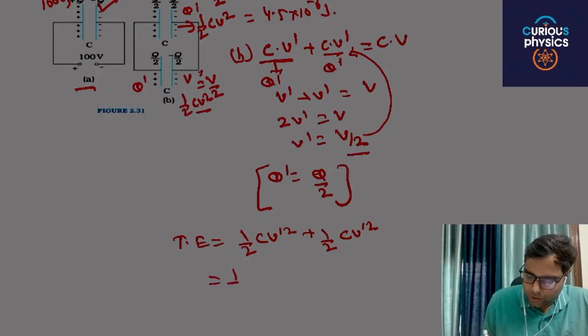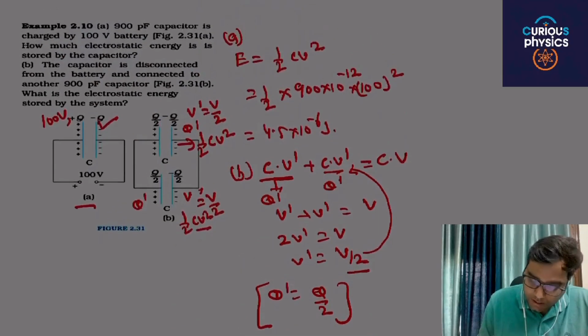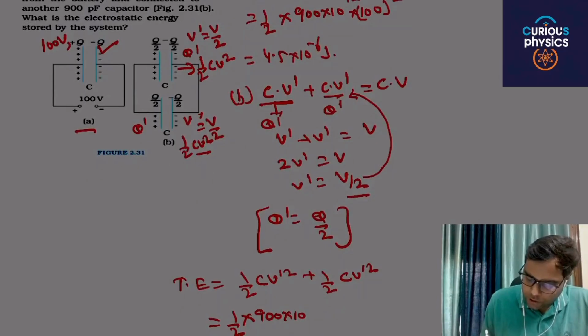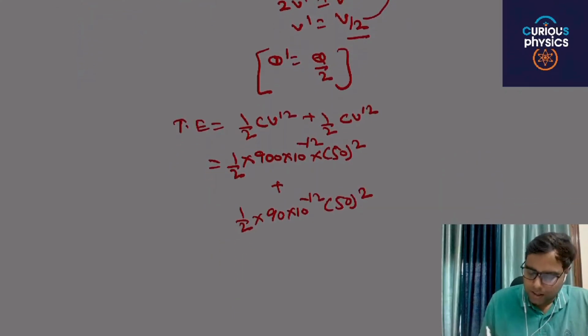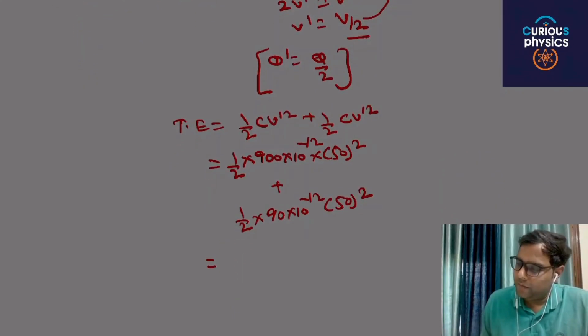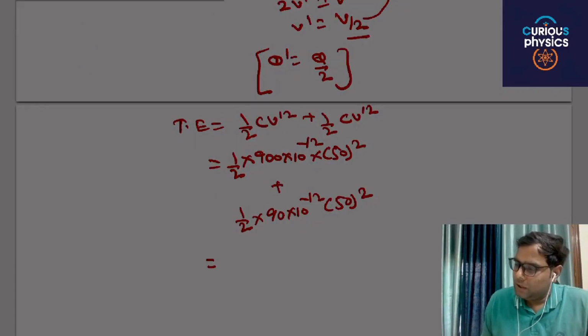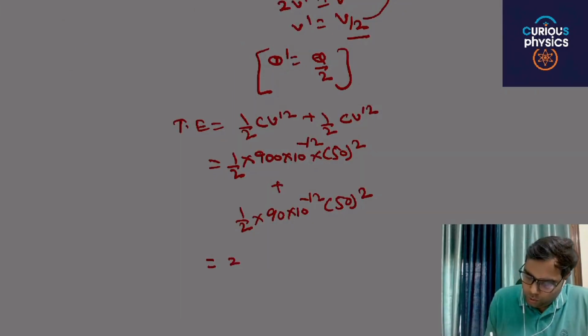Now one by two, the capacitance is same, 900 into 10 raised to power minus 12 into 50 whole square for the first one. For the second, 1 by 2, 900 into 10 raised to power minus 12, and potential 50 whole square, is equal to, I think, 2.25 into 10 raised to power minus 6.